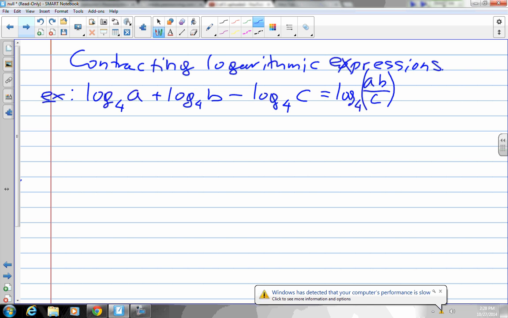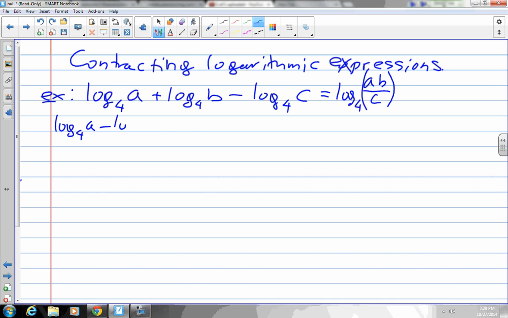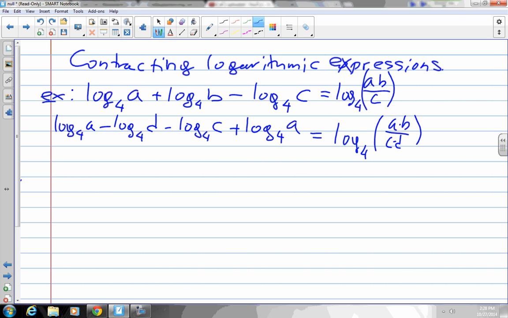Well, no. If I had it like that, and let's just mix it up. Let's make it log base 4 of A minus log base 4 of D minus log base 4 of C plus log base 4 of B. Then again, all the pluses will go on the top, all the minuses will go on the bottom, like that.